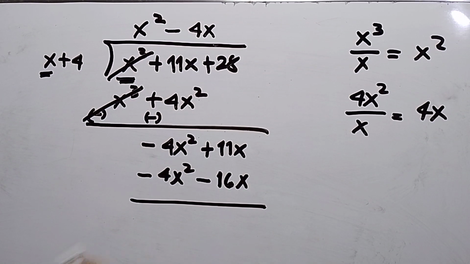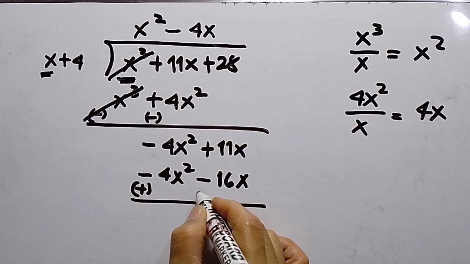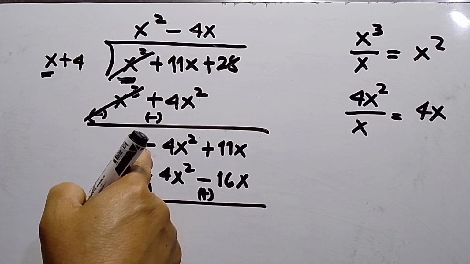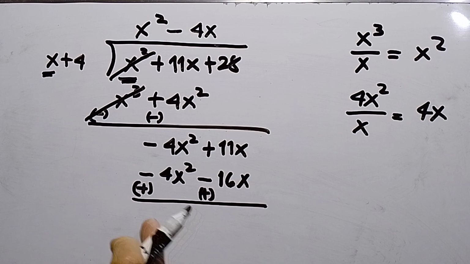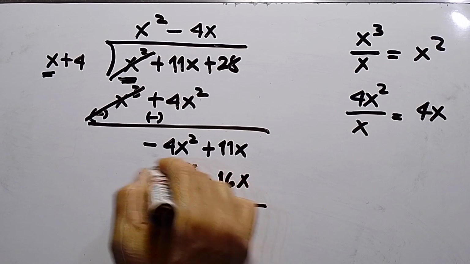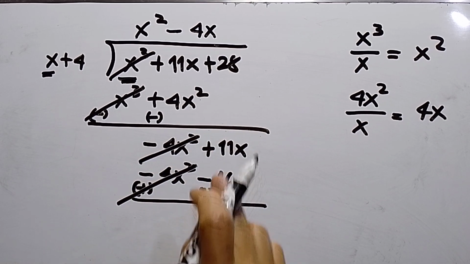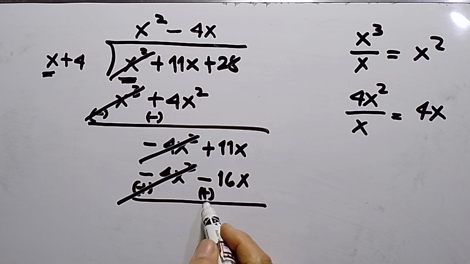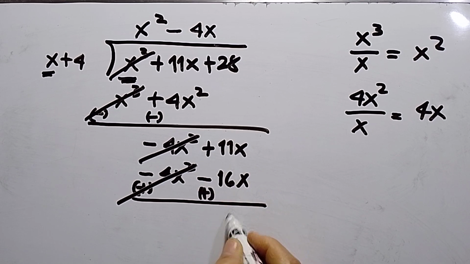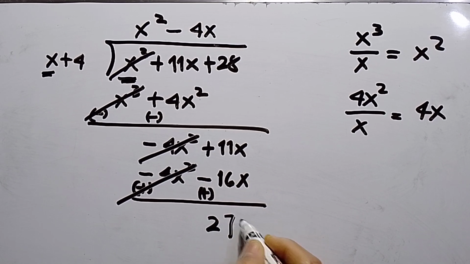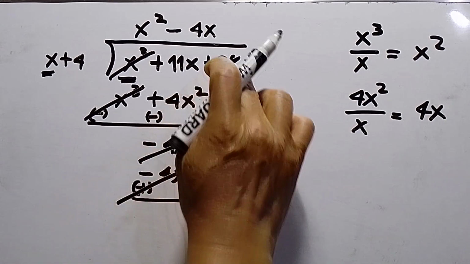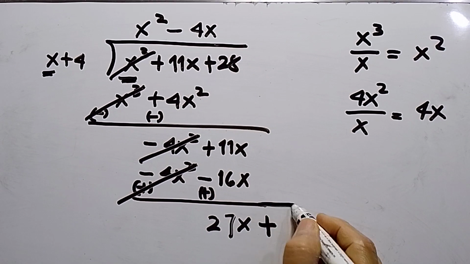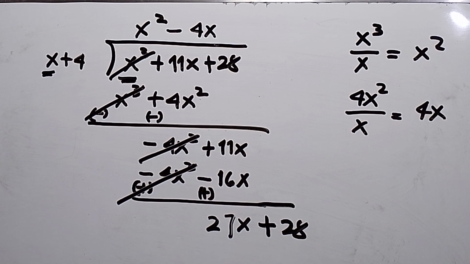Again, we have to change the sign. This will be positive. This will be positive. So negative 4x squared plus 4x squared will be 0. 11 plus 16, this will be 27x. Then bring down 28.